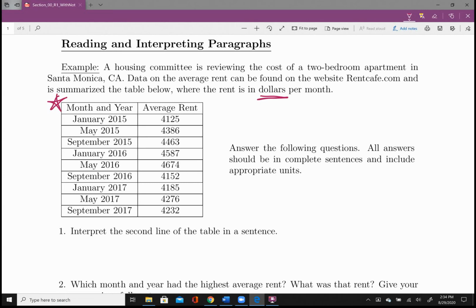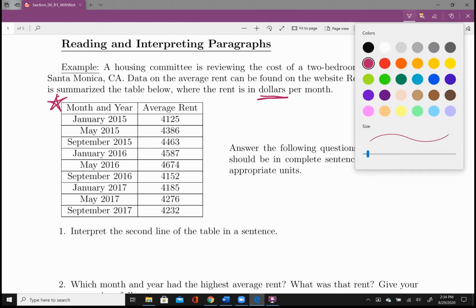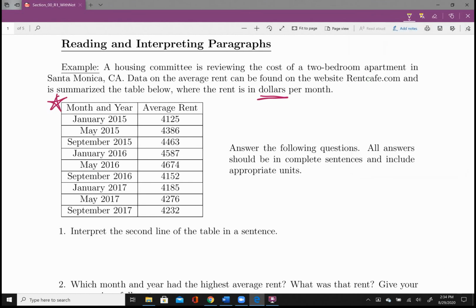For number one, it says interpret the second line of the table in a sentence. I'm going to be switching up the colors quite a bit here. Let's go ahead and use this light green color. The second line in the table. Now, the second line is the second row underneath the column headers; the headers are not a row that counts as far as the data is concerned.